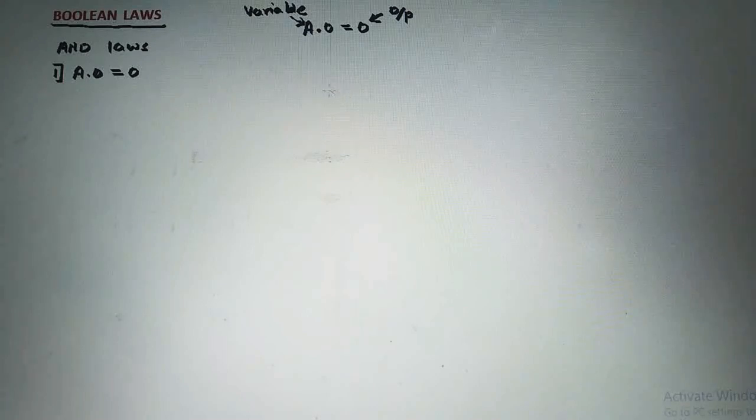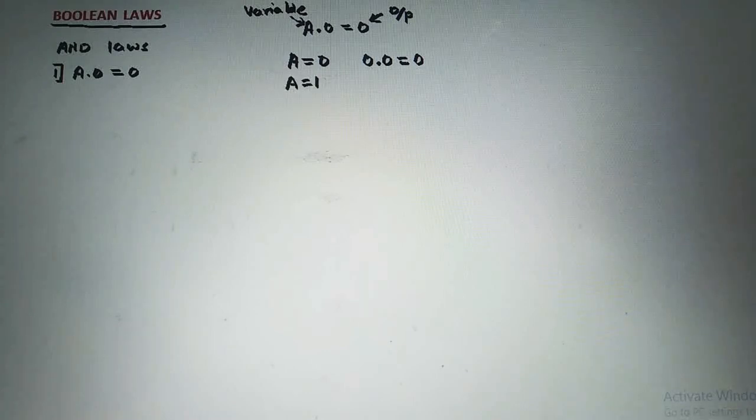Now see how we can prove these Boolean laws. This is variable A. We have to consider two binary values for this A. First we take 0: 0 ANDed with 0 is equal to 0.